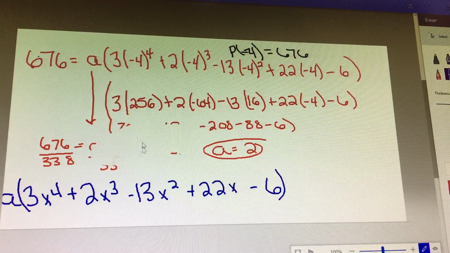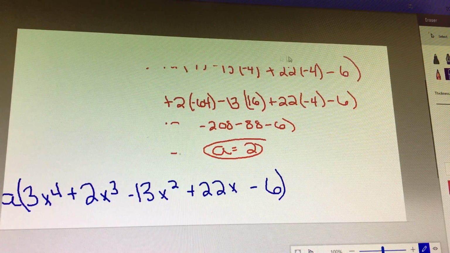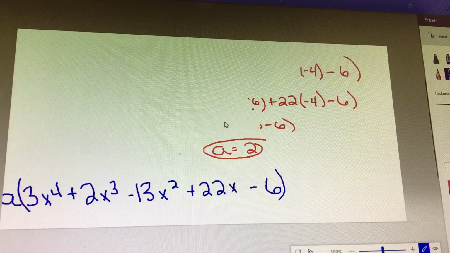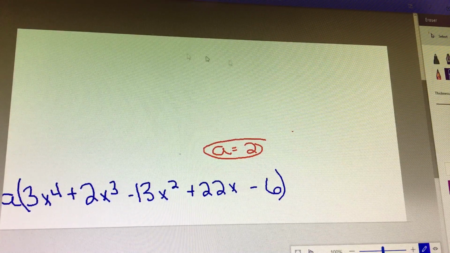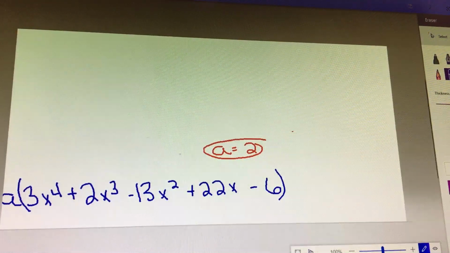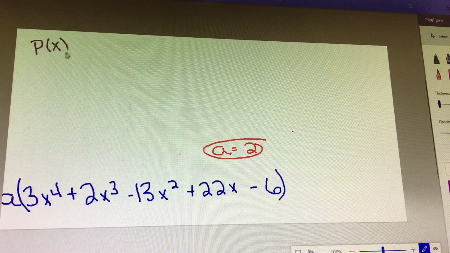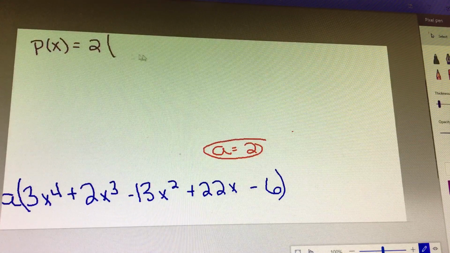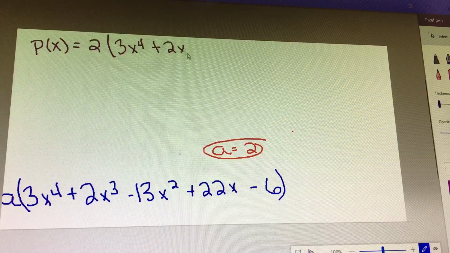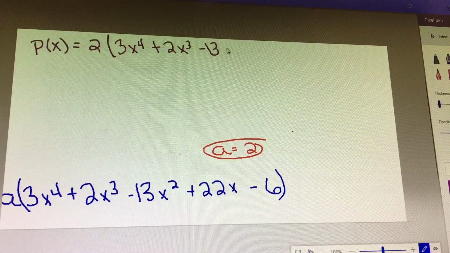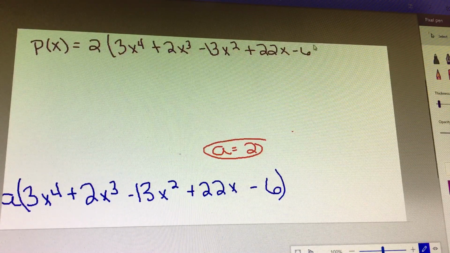Just going to erase this here. All right, so my final function is p of x equals 2 times 3x to the 4th plus 2x cubed minus 13x squared plus 22x minus 6.